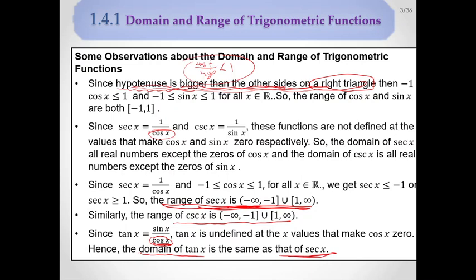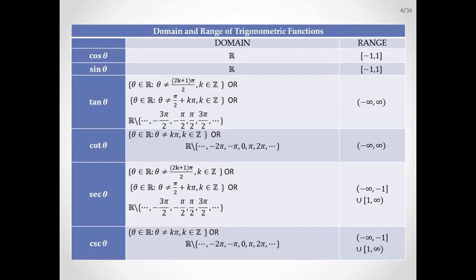Now in the next slide, you will see the full list of domains and ranges. Domain and range of trigonometric functions.